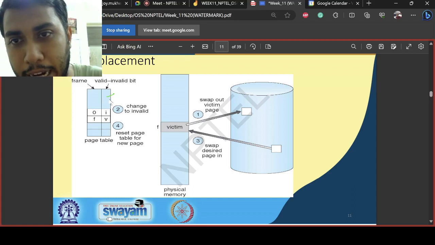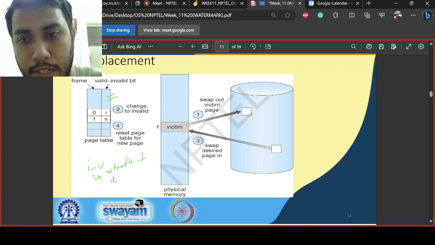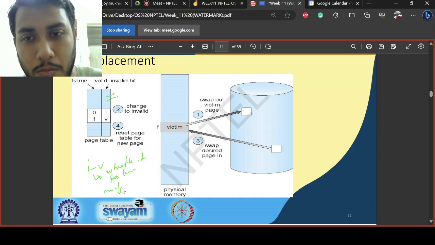You will have your valid invalid bit, and the valid invalid bit gives the indication of whether it has been modified or not.